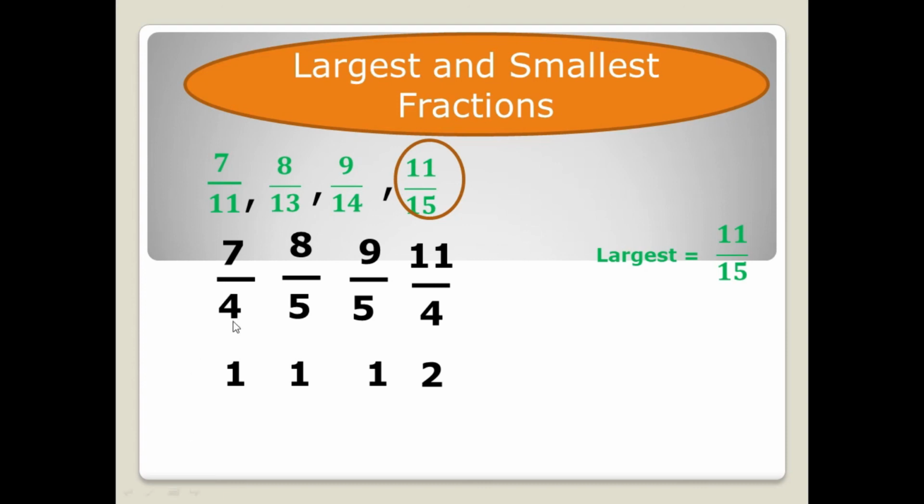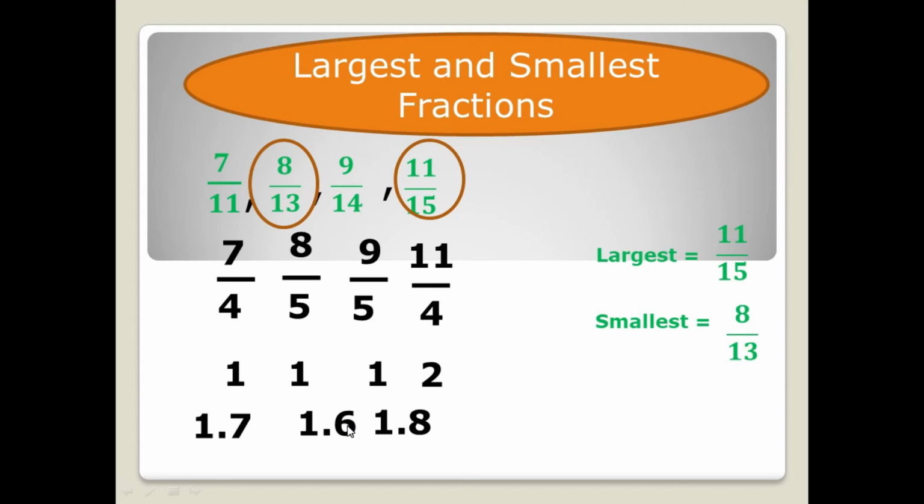If we solve 7 over 4, the answer would be 1.75, solving the second fraction the answer would be 1.6, and solving the third one the answer will be 1.8. So the fraction with 1.6 will be the smallest. So here is the answer: the smallest fraction is 8 by 13.